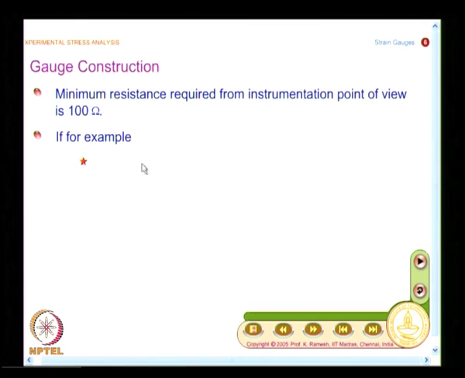See, what you have here is, I said that you are going to measure very small quantities. We are going to make changes that are very small, and from a measurement point of view, if I have a base resistance of 100 ohms, any change that you look at will be significant for you to measure, that is the focus here.